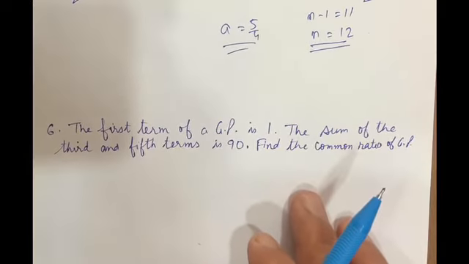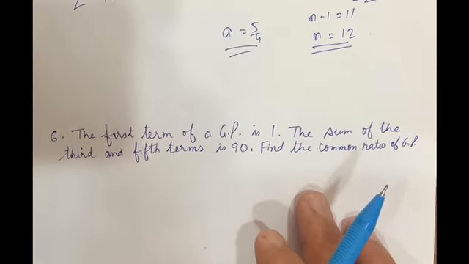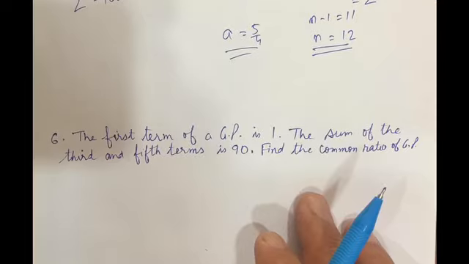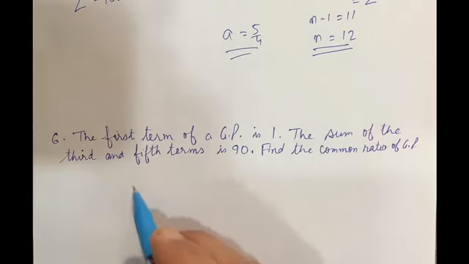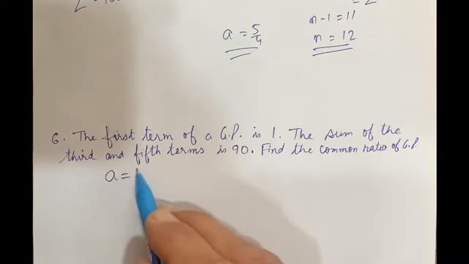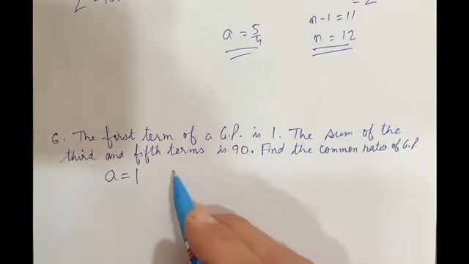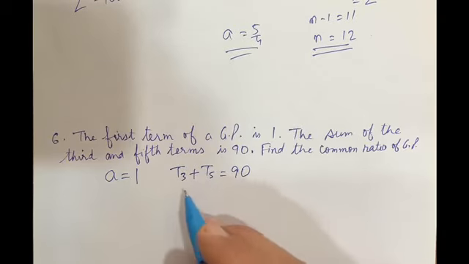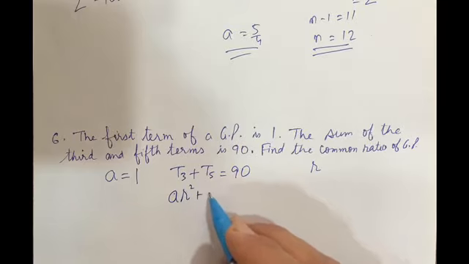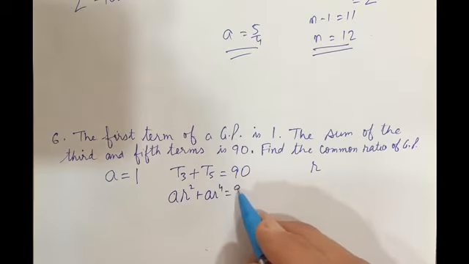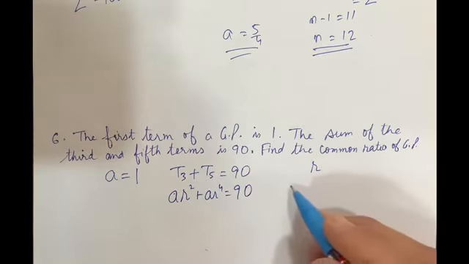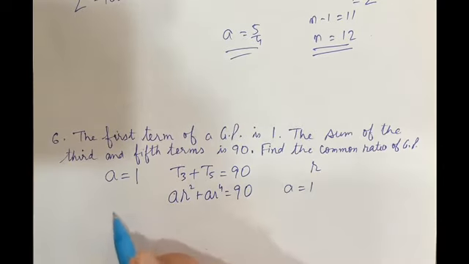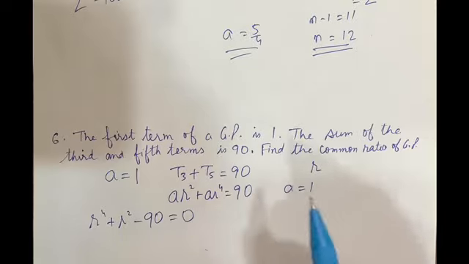The next one. Next we are given the first term of the GP is 1. So A is 1. The sum of the third and fifth terms, third term plus fifth term, is 90. Let's say the common ratio is R. So the third term is A into R square. The fifth is A into R raised to 4. This is equal to 90. Substituting A equal to 1, we get R raised to 4 plus R square minus 90 equal to 0.